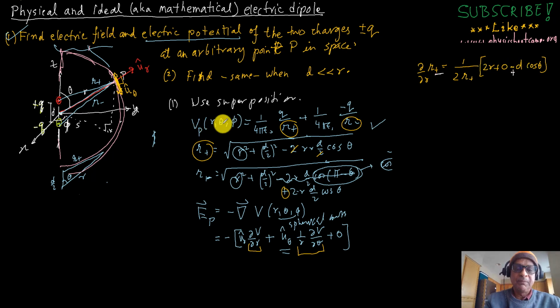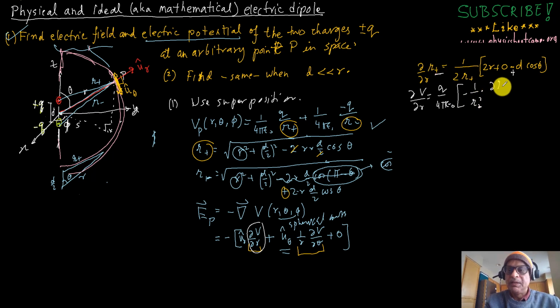So if I take this term, dV dr, that will be q over 4 pi epsilon naught common, take a derivative of this, which is minus 1/r plus square, and then dr plus over dr, and from this, there's a minus already here, and then minus 1/r minus square, dr minus over dr.